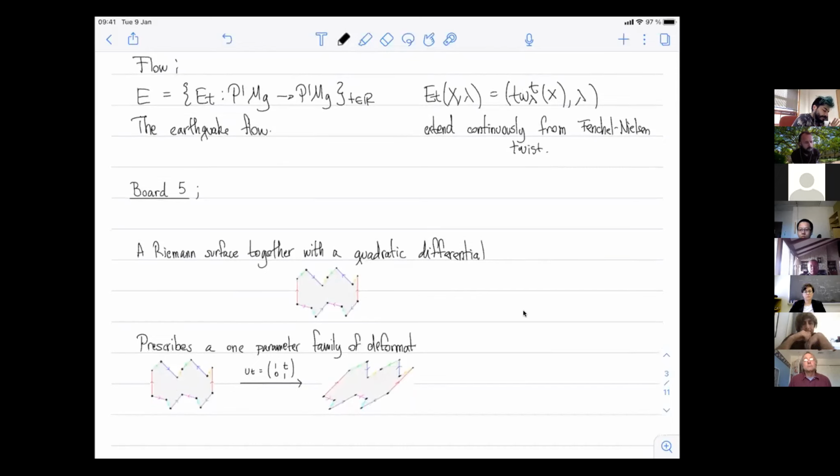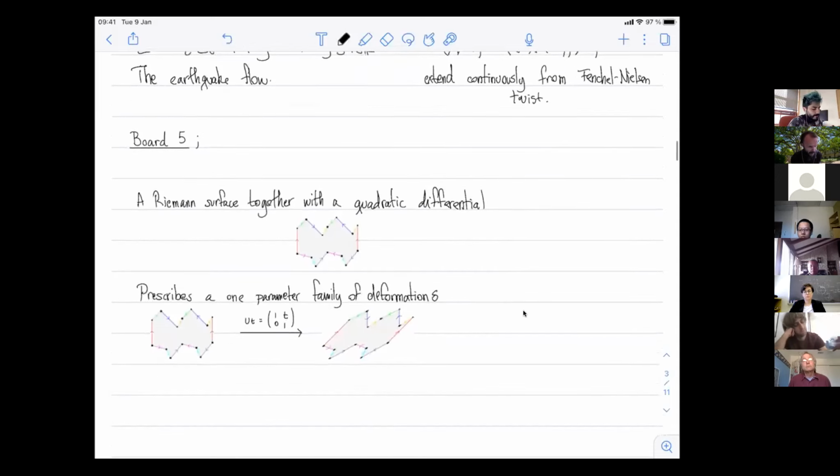Last week we spoke about the Teichmüller geodesic flow, but now I want to speak about the Teichmüller horocycle flow. And what you do here is you take your polygon and you apply this unipotent matrix to it. And what this is going to do is sort of shear the polygon horizontally. That's all the deformation is.